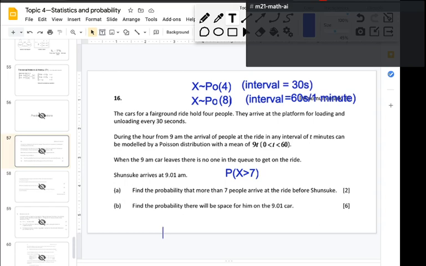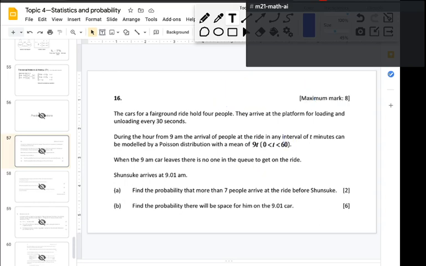It's not the mean. Oh, so wait, 90. I feel like this question would be any t minutes. So it's 9. So it's just X ~ Poisson. I can't really type now. So it's when the mean equals 9, and then you just insert it right away. You don't need to do what I did just now.